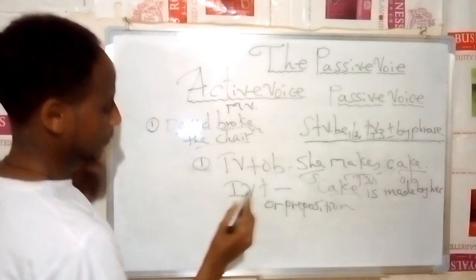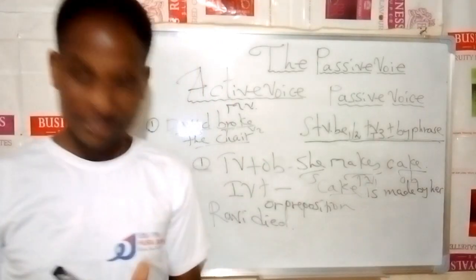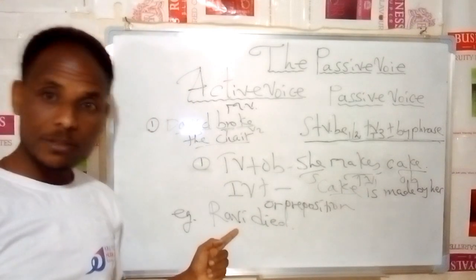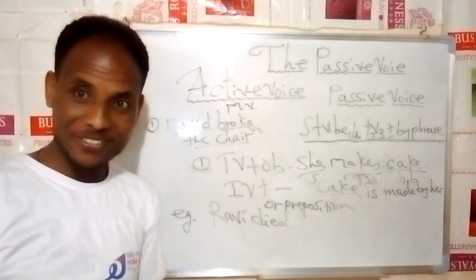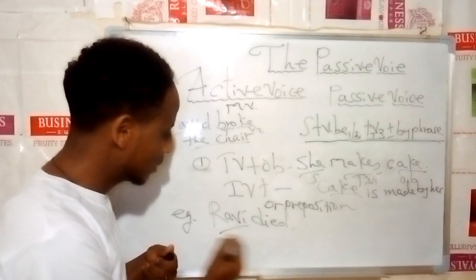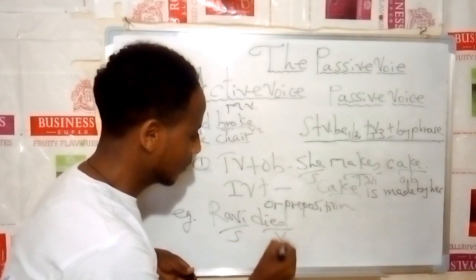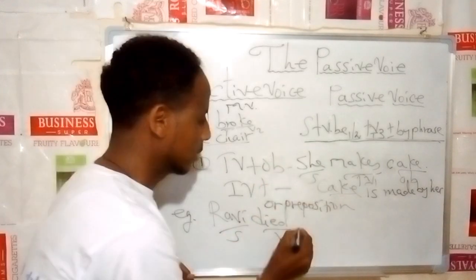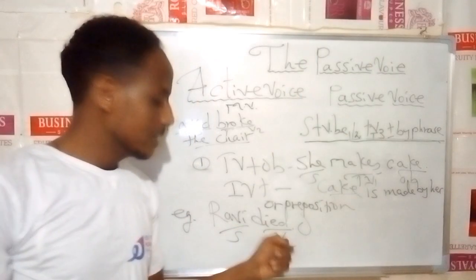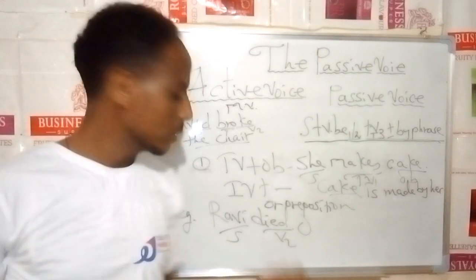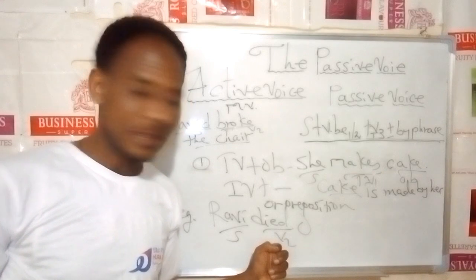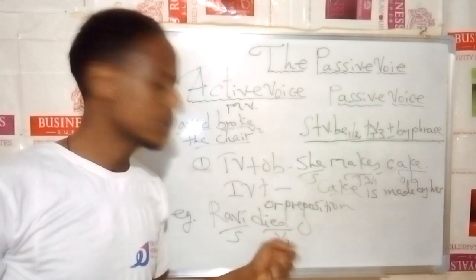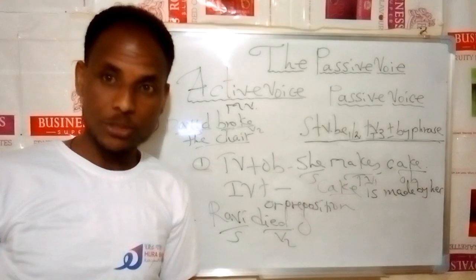For example, Ravi died. In the sentence, the verb died is intransitive. Ravi is the subject of the sentence, died is V2. Nevertheless, there is no object. Ravi died. Enough. So the verb is intransitive because there is no object, or the verb is not followed by an object.